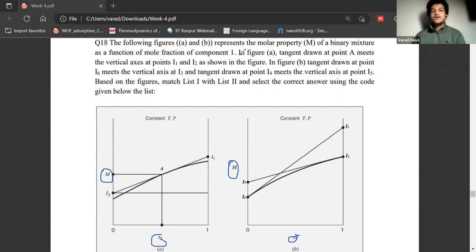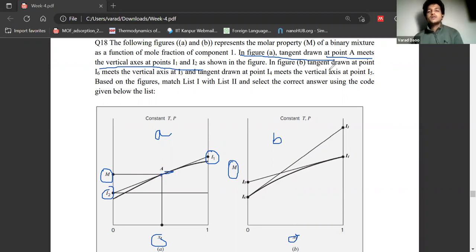In figure A, the tangent at point A meets the vertical axis at point I1. So this is the tangent drawn at this point. It meets the vertical axis at x1 equal to 1 at I1 and at x1 equal to 0 at I2.